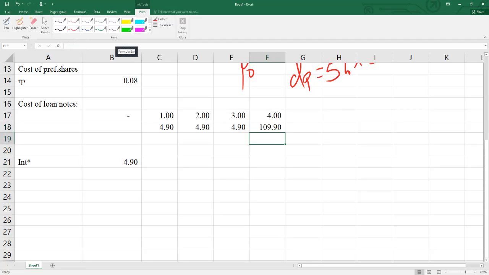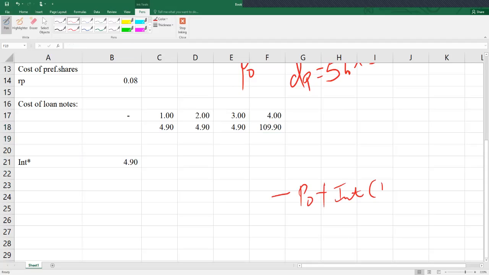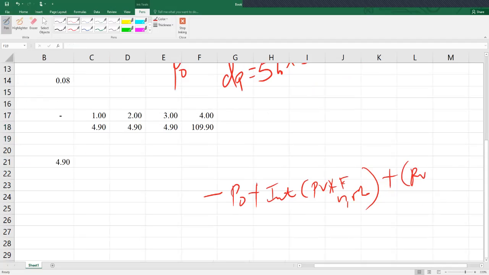Then in year 0, don't forget it's P naught, the market value. If you remember, what we had was negative P naught plus interest discounted back to year 0 plus the relevant factor, N years at r percent as per the formula, plus redemption value discounted back to year 0 with the relevant factor, N years at r percent.